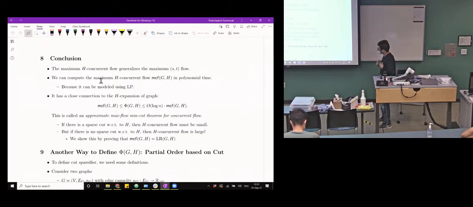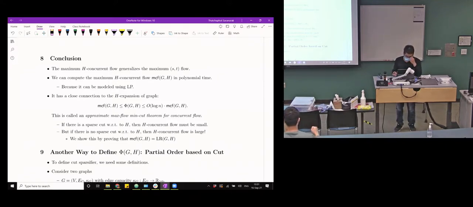All right. So let me do some recap from the last time. Last time we talked about the problem called maximum concurrent flow, which is a problem that generalizes the max flow problem, like the single demand flow problem.